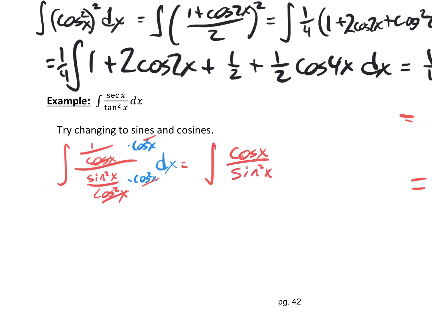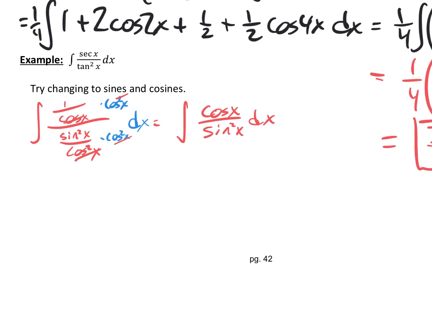All right, now we got down to our sines and cosines, and let's see what we can do with that. A little u substitution. If we say u is sine x, then du is cosine x dx. Derivative of sine is cosine. And that leaves us with the integral of du over u squared.